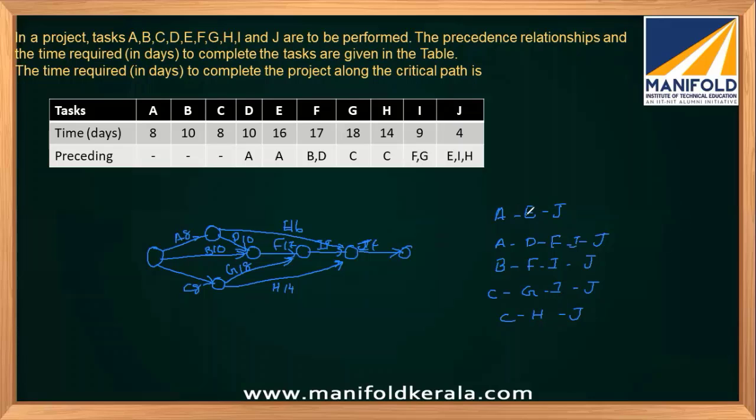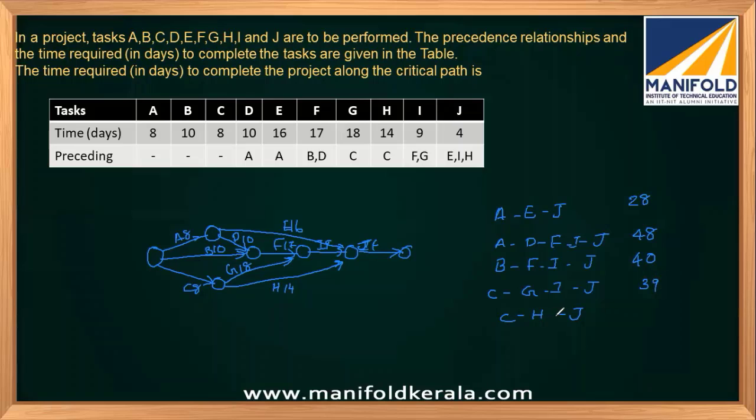Now calculate for each one. 4 plus 16 is 20, plus 8 is 28. 10 plus 17 plus 9 plus 4 is 40. 8 plus 18 plus 9 plus 4 is 39.